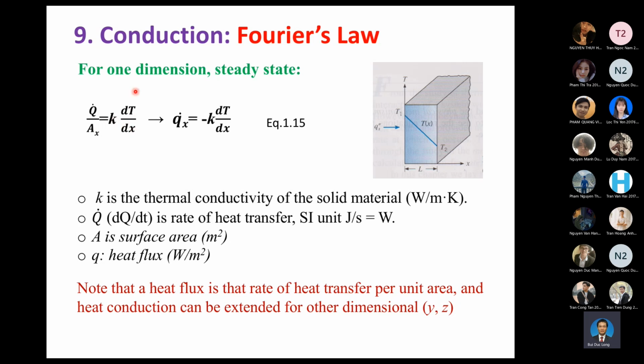You already know. Here we just rearrange the formula, so we have small q dot x equal to minus k dT/dx.